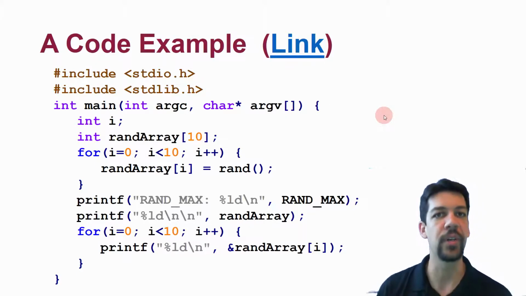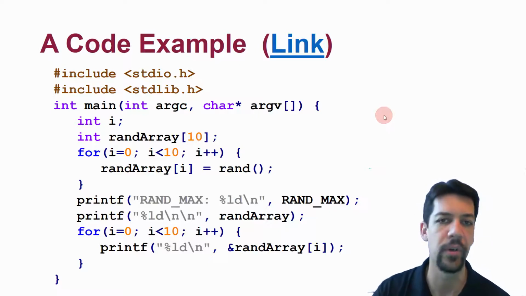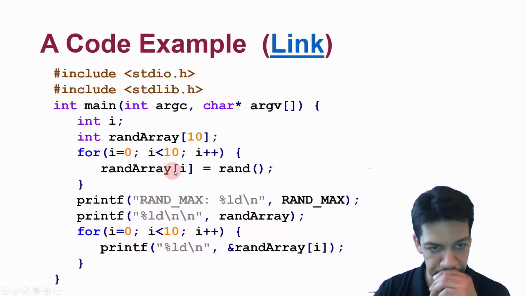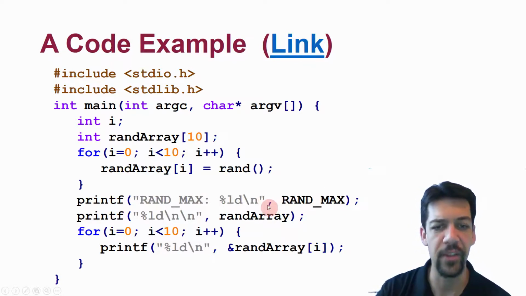So let's look at a code example to really drive home how this works. In this particular code example, we're doing a couple of things. We've got an integer I, and we've got a random array of 10 integers, just like we had previously. I dump a whole bunch of random numbers into that array. Then I spit out randomX just to show you what this printf does.